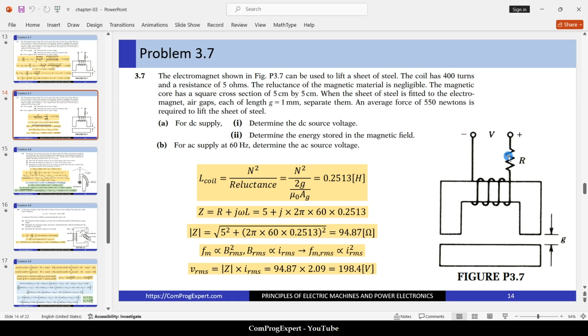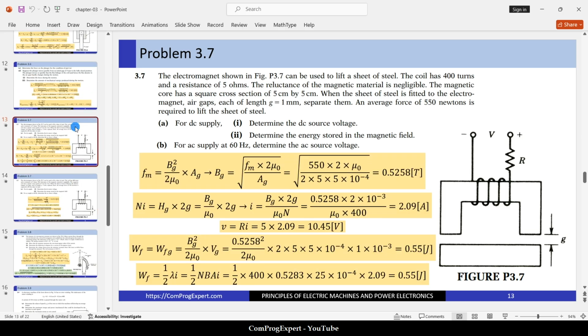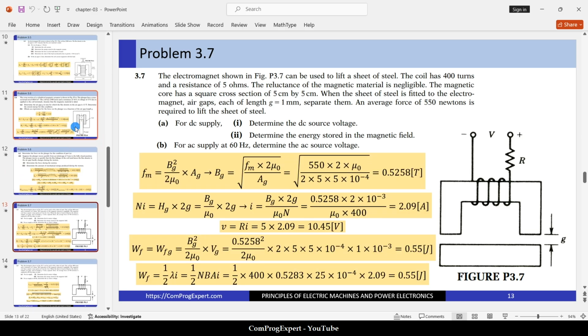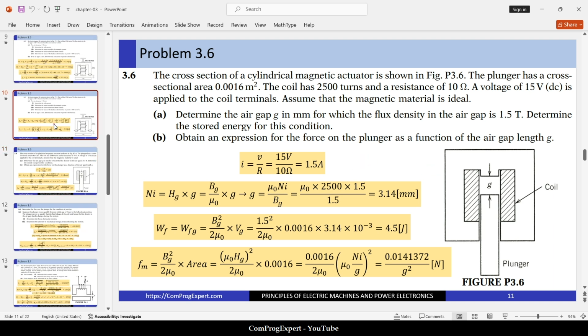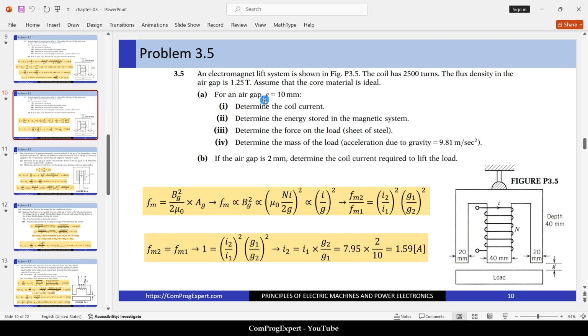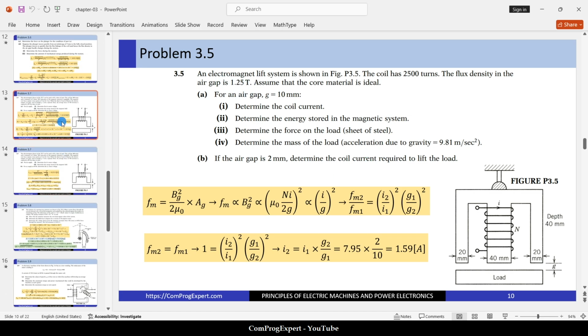Here we know the resistance of the coil and the number of turns. In the previous problems, we calculated the force assuming a proper value for the air gap flux density. For example, in this problem, we assume a proper number for the flux density in the air gap, and we calculate the force.